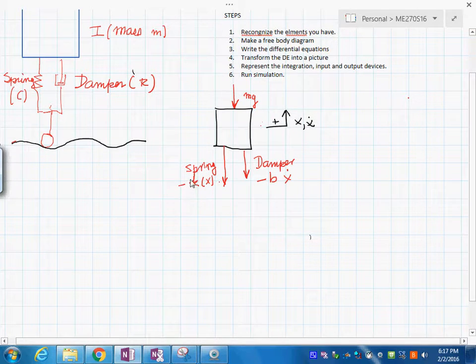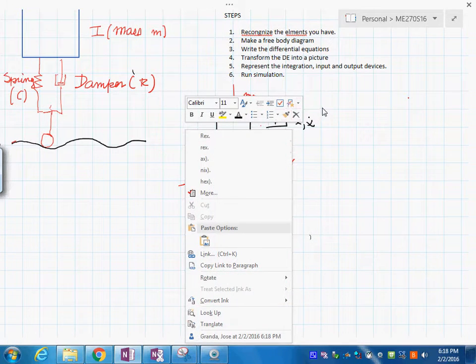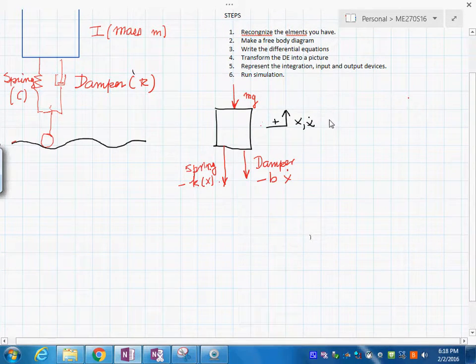So here we have just done the representation of the equations, and here we say minus mg, minus k times x, and then minus the damper, which is minus b times x dot.